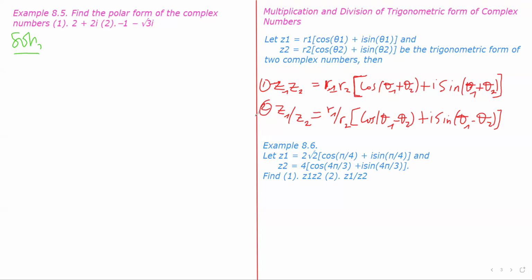We said if you need to find a polar form, then there are two things you need. If z is equal to 2 plus 2i, then you need to compute the modulus r, and the modulus is the square root of 2 squared plus 2 squared, which is square root of 8.